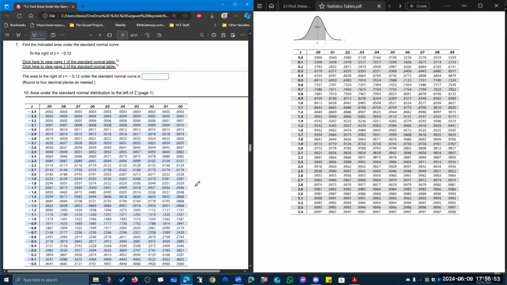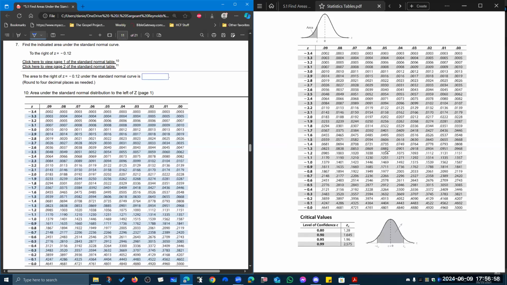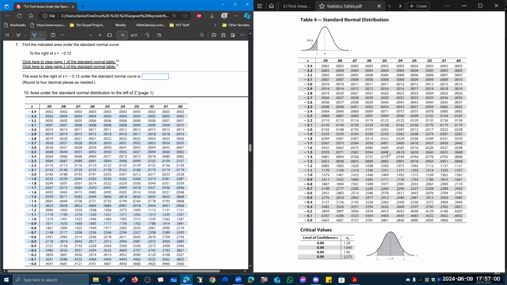And then to the right of negative 0.12. So to the right, we're going to have to do 1 minus 0.4522, which is 0.5478. 1 minus 0.4522: 0.999, and then carry the 1 to make it 10.